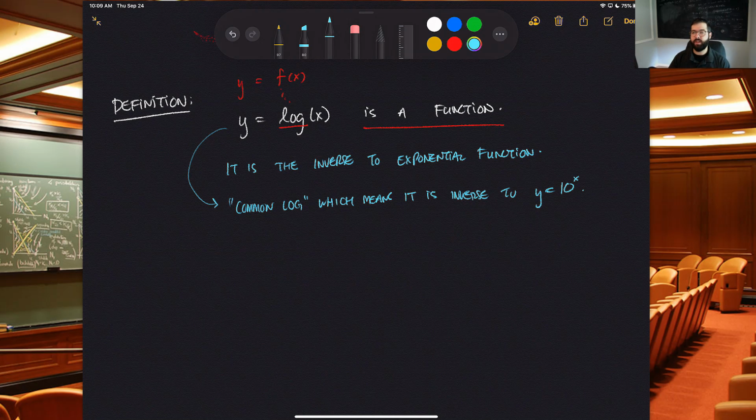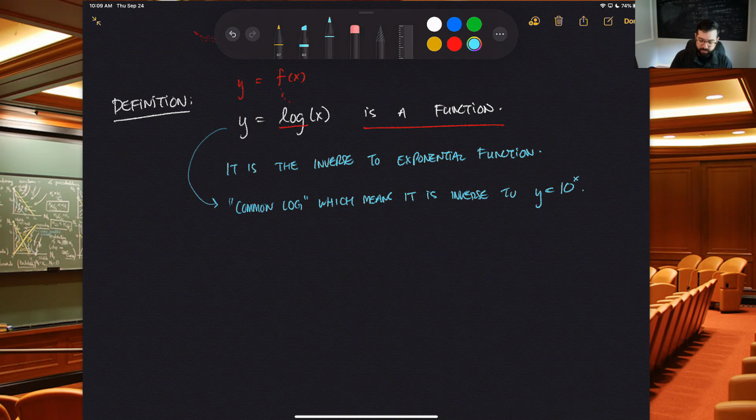We use the base 10 number system. That's the most common number system that we use. So this is why it's called the common logarithm. We can do calculations a lot easier when things are base 10. So common log means it's the inverse to y equals 10 to the x.